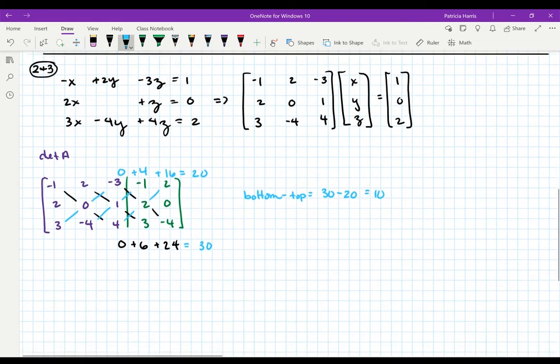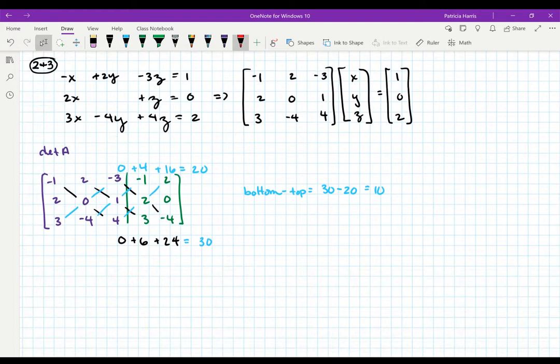All right. So the very first thing you do is replace your first column, this guy, with this right here. Okay, so let's write that down. So 1, 0, 2 replaces the x column.